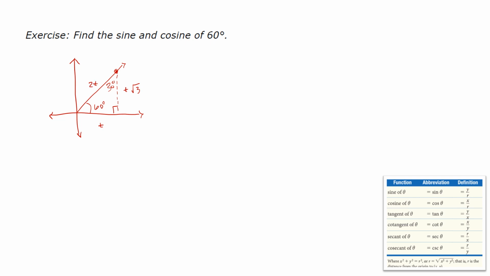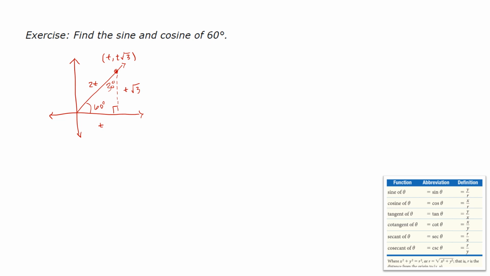Okay, and so what we can do now that we know the type of triangle we're working with and we know our ratios is we can choose a specific point for our point on the terminal side. Okay, so this would be the t, and the y would be t square root 3. So we just need to choose a t.